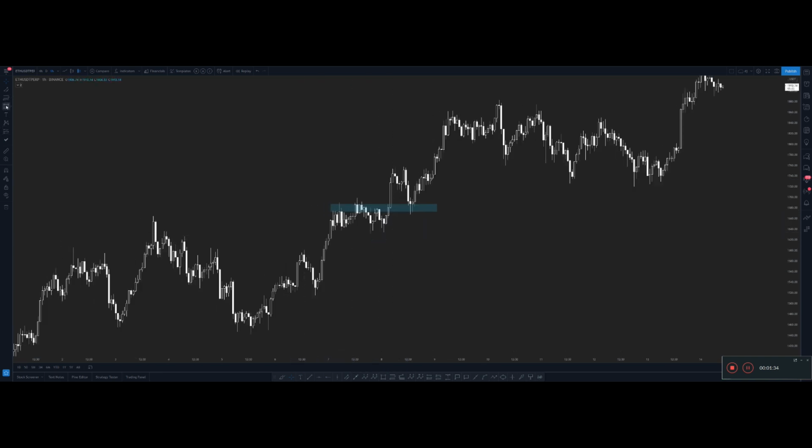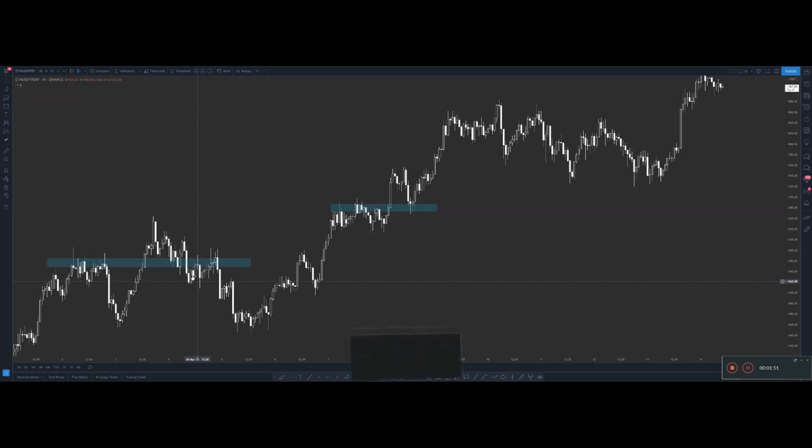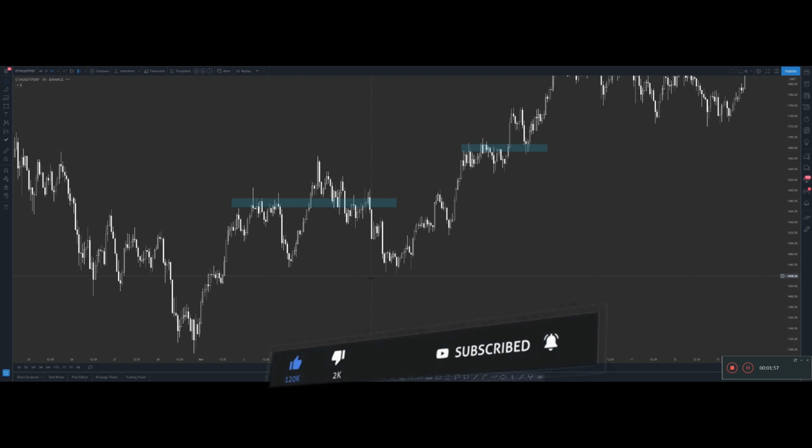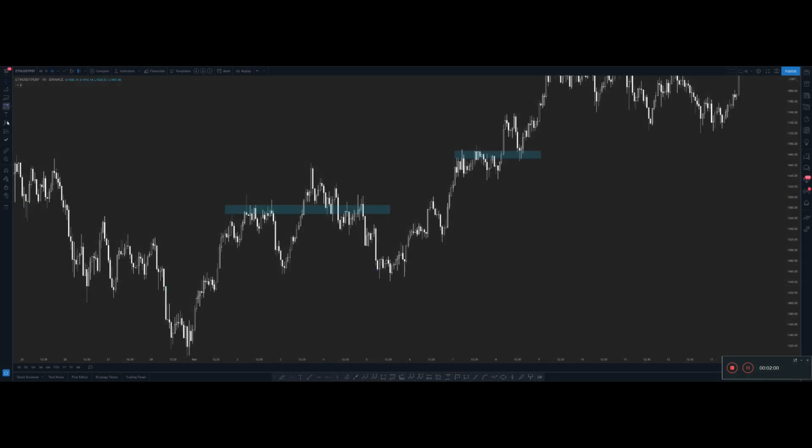For another example, here you can see this top gave a support, then we broke that support and we retested it. And this is how you mark a key level support or resistance. As you can see, we broke out of this one, we retested it, and again we just went down.